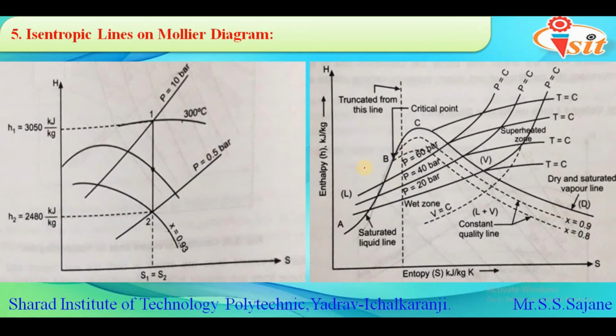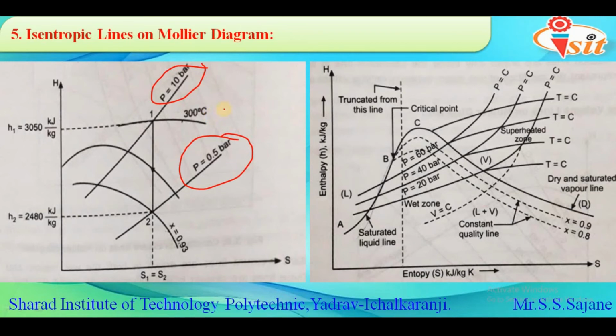But if we are plotting any value between the two pressure lines, just as shown in the left hand side diagram, we can take one example where we consider steam at 10 bar and say 300 degrees Celsius temperature.